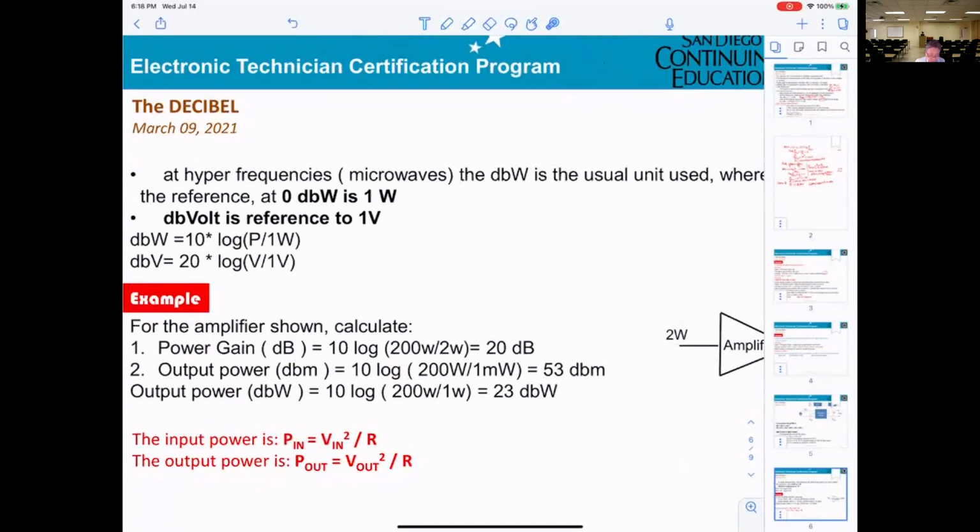They want to convert it to the dBm. That's 53 dBm, okay? If they want output power in dB watt, then you convert to dB watt. Input power will be equal V in square divided by R. Output power the same, V out square divided by R. That is the formula to calculate the power.